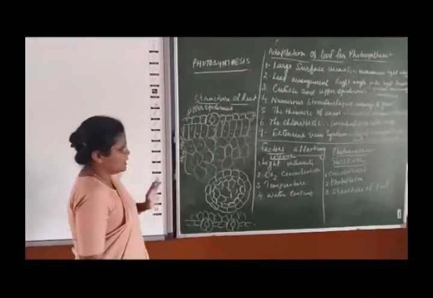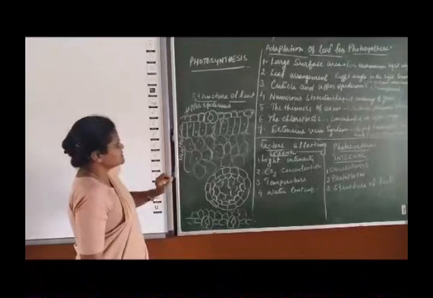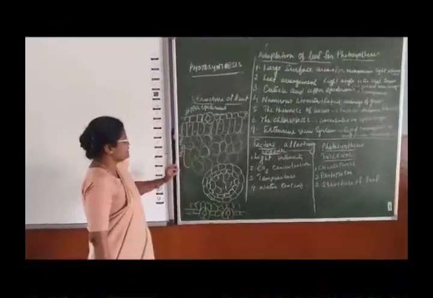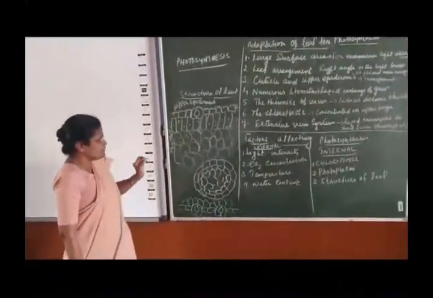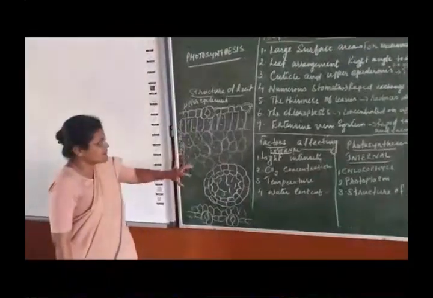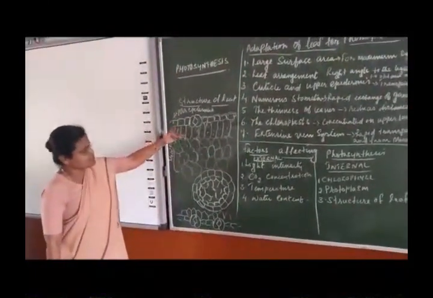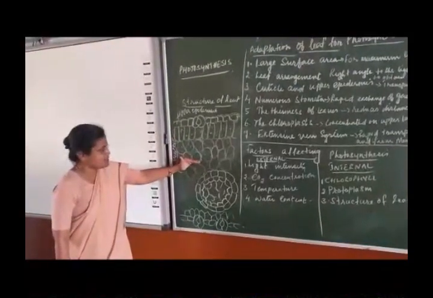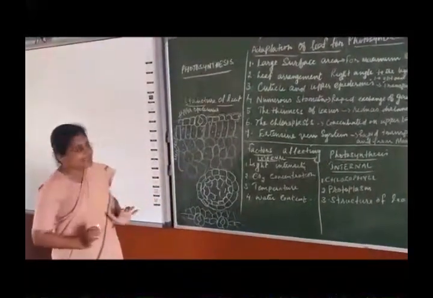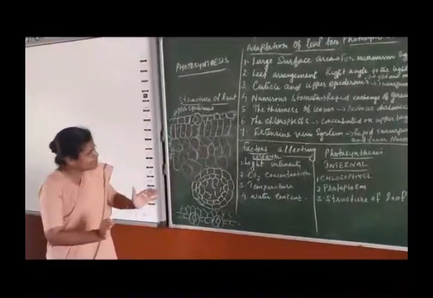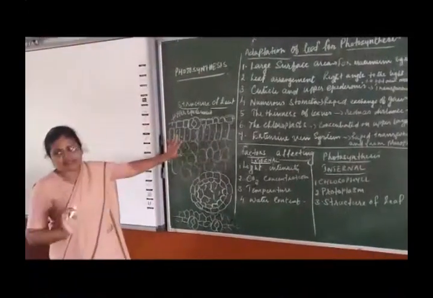I repeat, the chloroplast is highly concentrated in the mesophyll region, and the mesophyll cells comprise both the palisade tissue and spongy tissue, which contain the chloroplast.